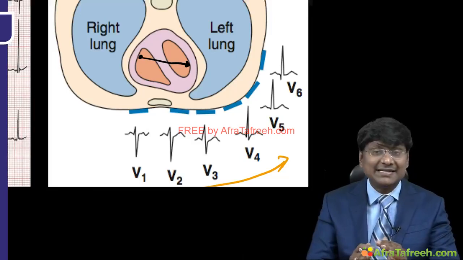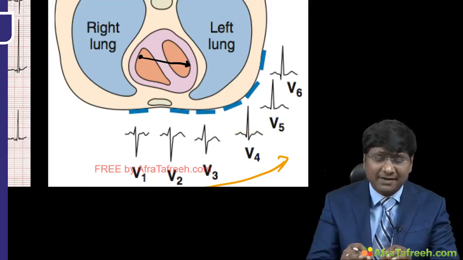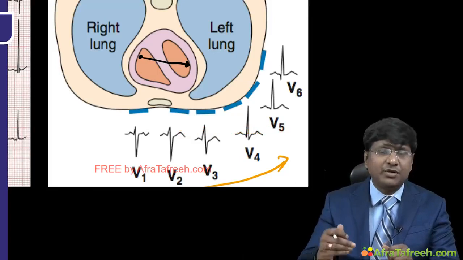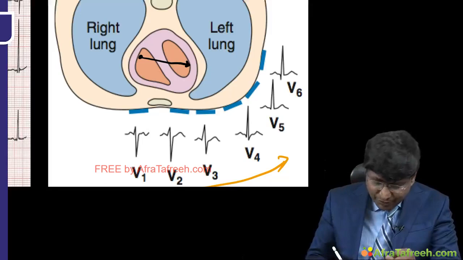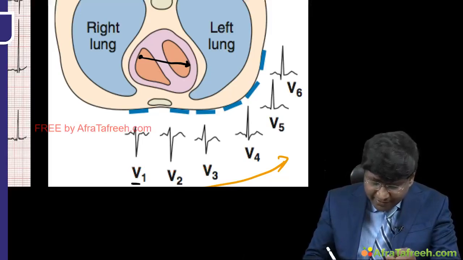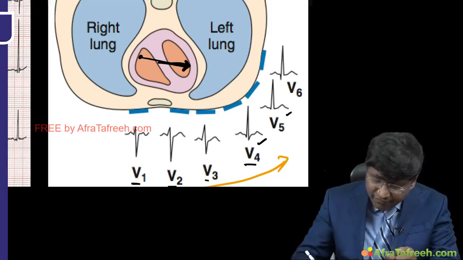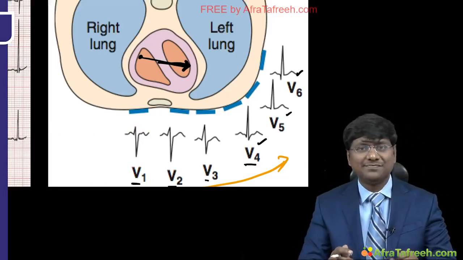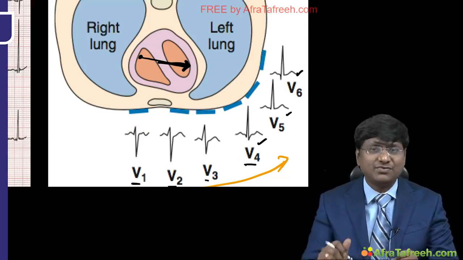That means, when you compare the direction of the electrical activity with your precordial leads V1, V2, V3, V4, V5, V6, it is moving away from V1, V2, and slowly moving towards your V4, V5, and as well as V6.